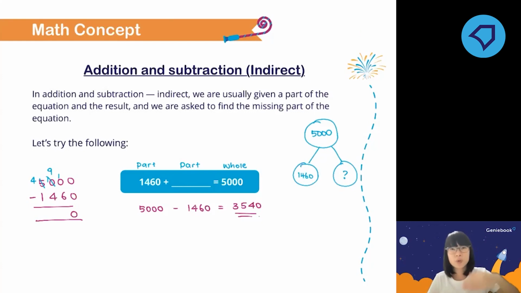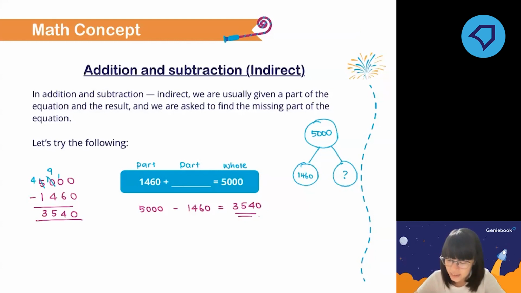For those of you who gave me 4,540 or 3,640, you have to double check your regrouping. So 10 minus 6 in the tens place will give you 4, 9 minus 4 will give you 5, and 4 minus 1 will give you 3. So your answer will be 3,540.